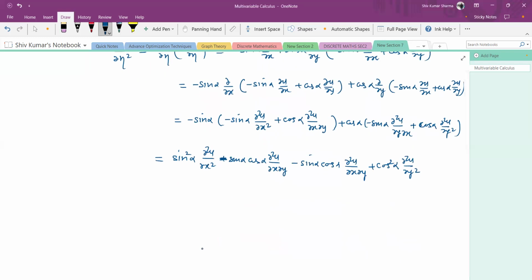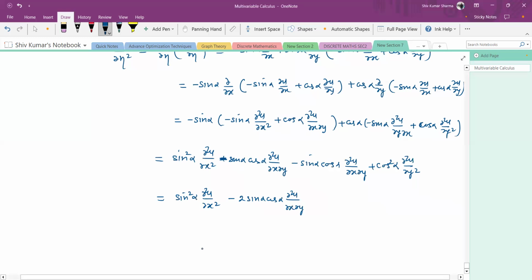So here we write this as sin square alpha del square u upon del x square minus 2 sin alpha cos alpha del square u upon del x del y plus cos square alpha del square u upon del y square. So this value is equal to del square u upon del eta square. This is equation number 6.